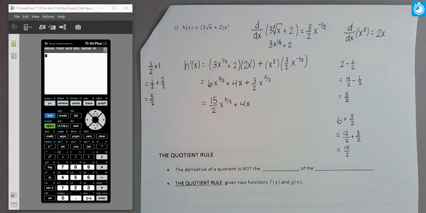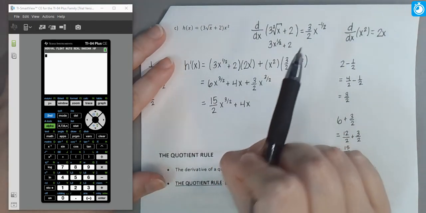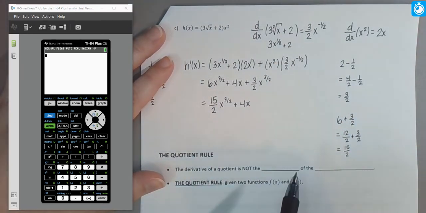So notice here, these three functions we looked at were significantly more complicated than the functions we looked at in the last video when we just had the sum and difference rule and the power rule. So adding on the product rule is going to allow us to deal with slightly more complicated situations. And of course, within the use of the product rule, notice we use the power rule, we use the constant rule.